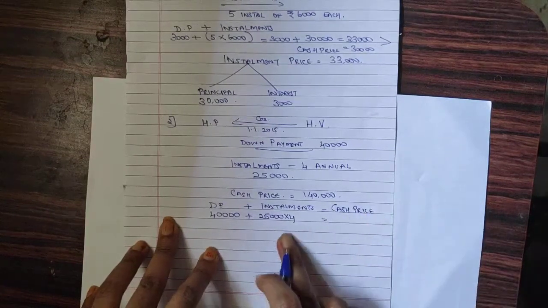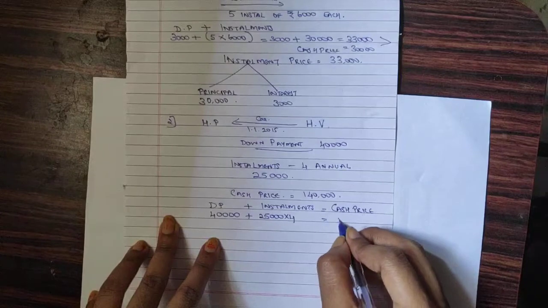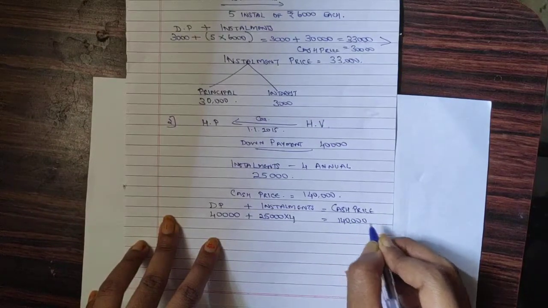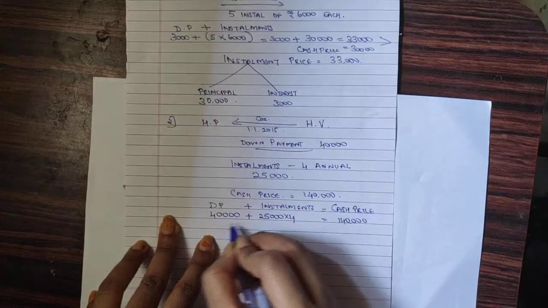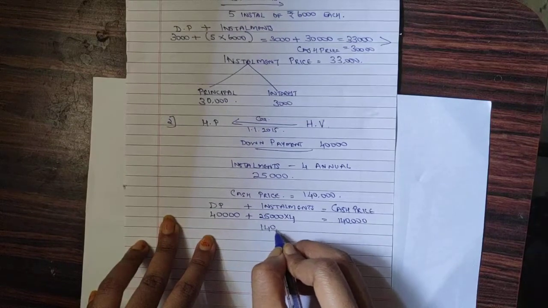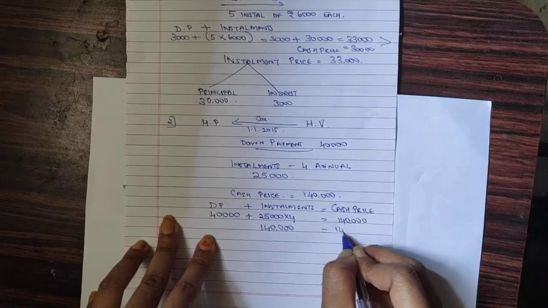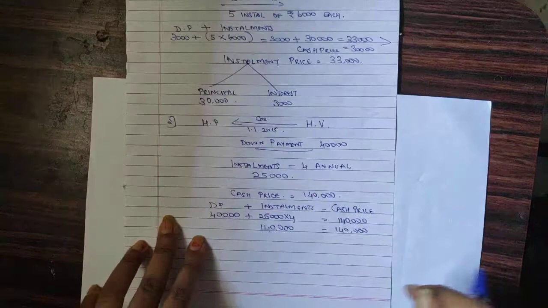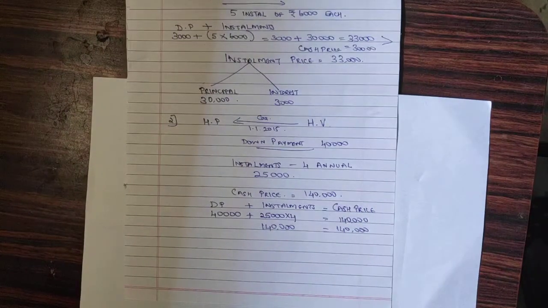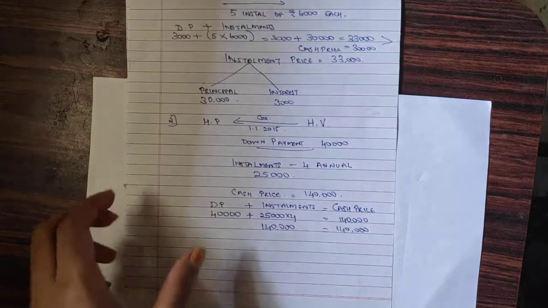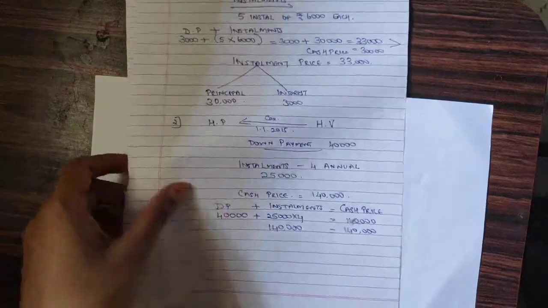So how much will it be? 1,40,000 is our cash price. If you add this, it will become totally 1,40,000, equal to 1,40,000. So the interest is not included in the installment amount. This is how you get to know. So I'll do one problem here for you. It's pretty simple.